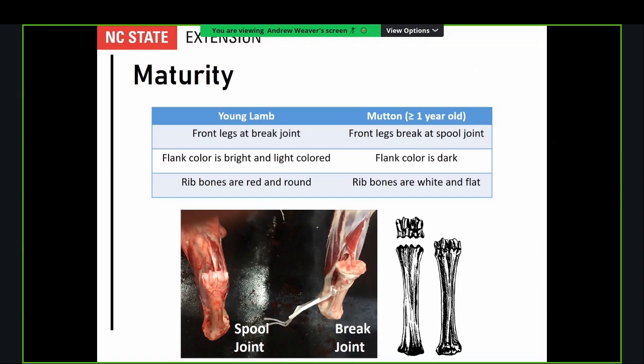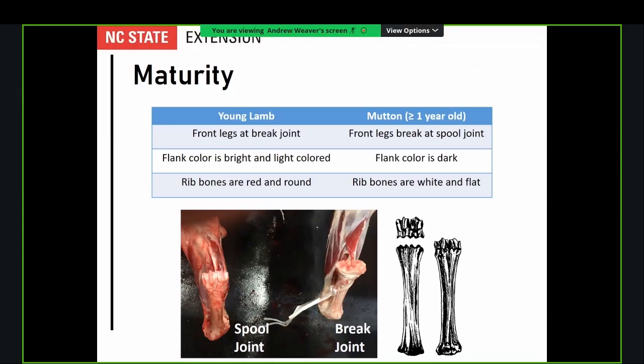Instead it breaks off at the spool joint, one joint further down that leg, and now you have that spool joint appearance. The presence of two spool joints would classify that lamb as now being mutton. As long as they have one break joint, they're considered lamb. Two spool joints is considered mutton.